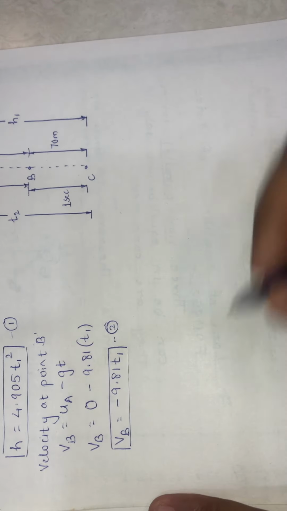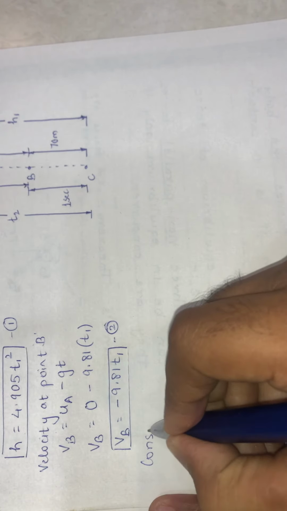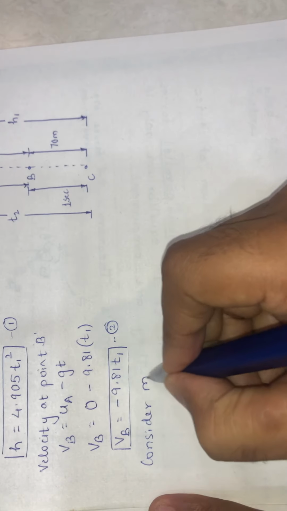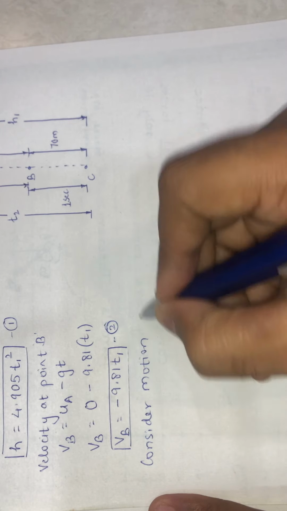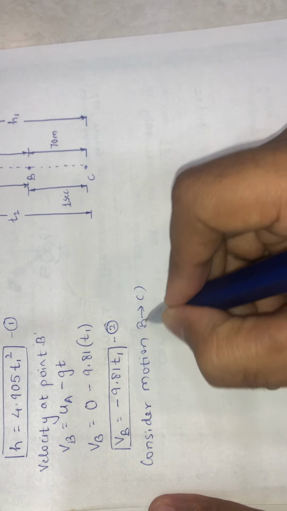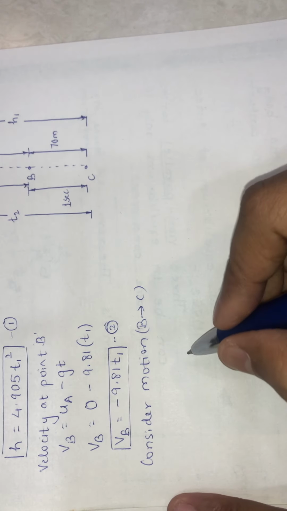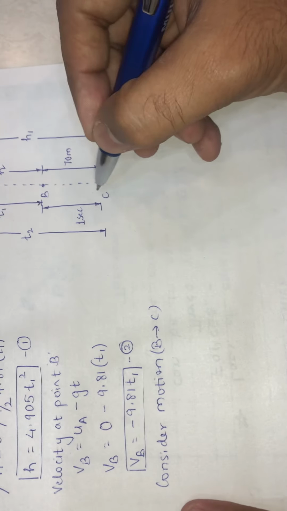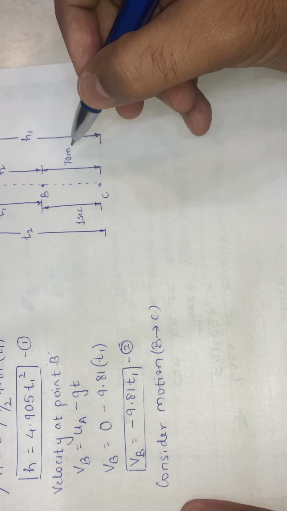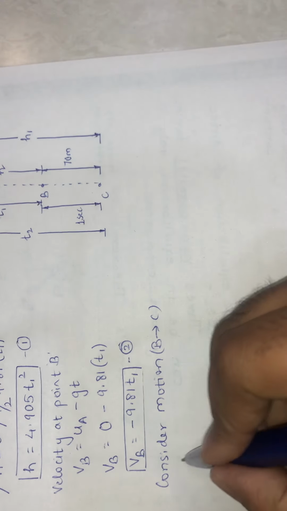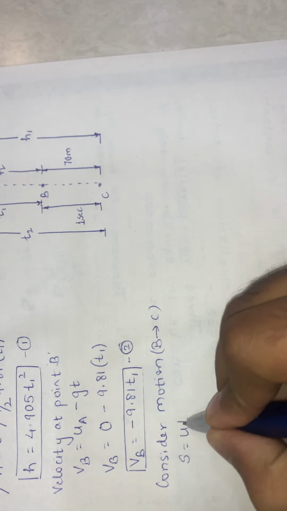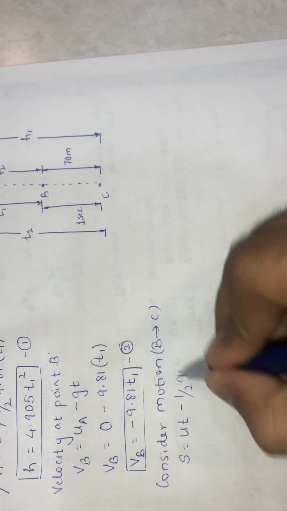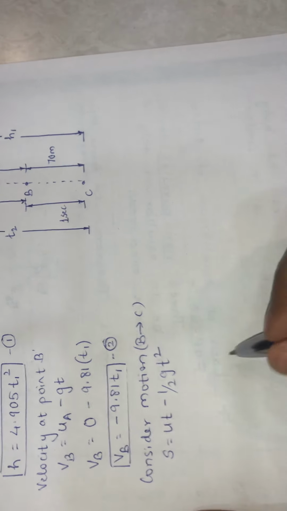Now consider motion from B to C. From B to C, the time taken is 1 and the distance travelled is 70. So S equals ut minus half gt square.